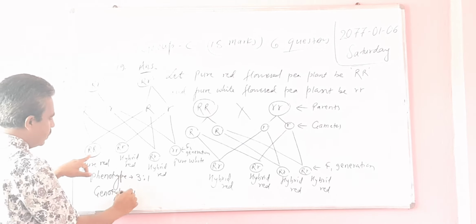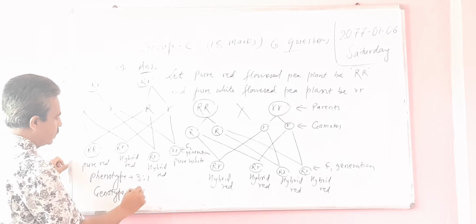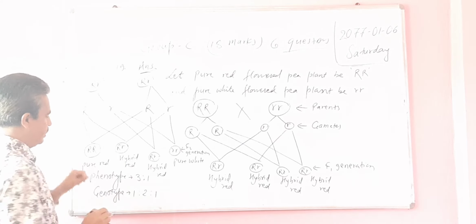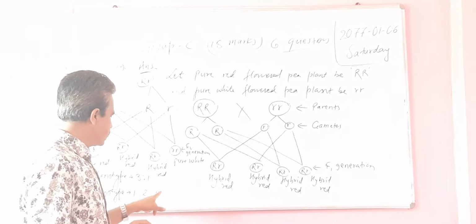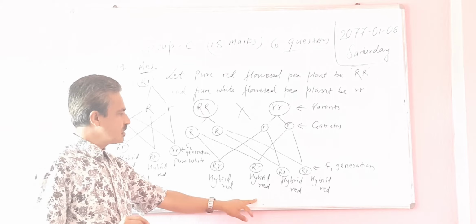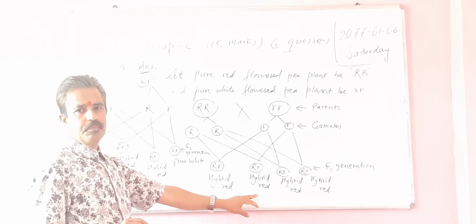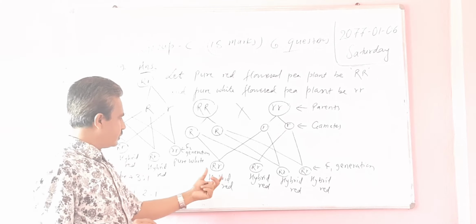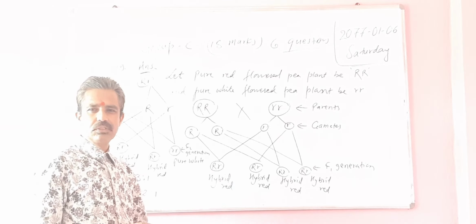Here is 1 RR, 2 Rr, 1 rr. Phenotype 3:1. Genotype 1:2:1. But in this case, there is no variation in phenotype and genotype. So they are of similar characteristics.